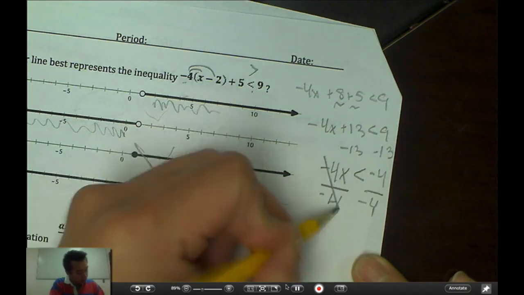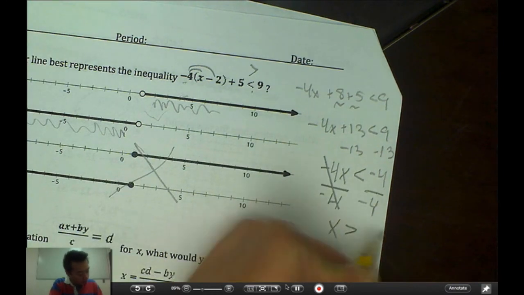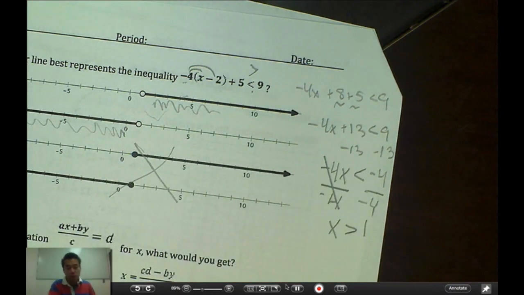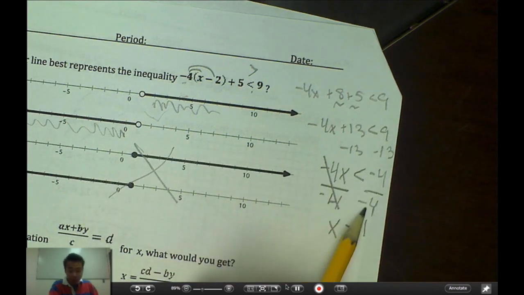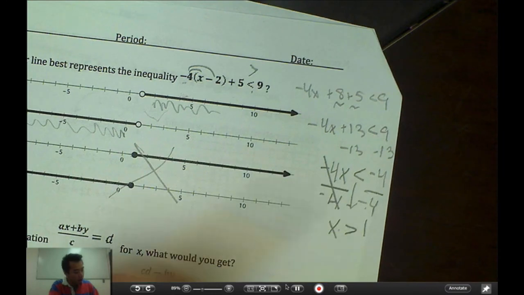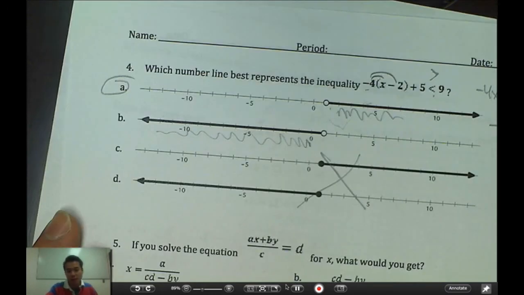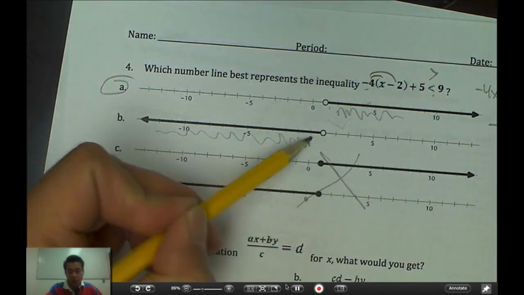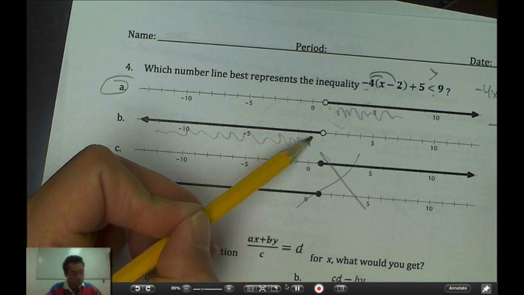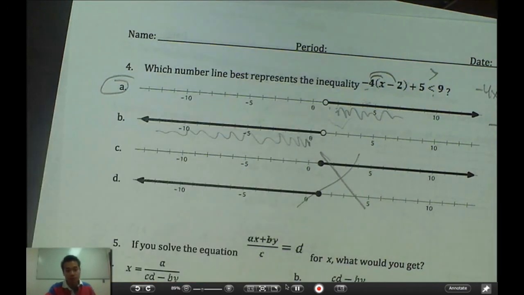And I'm going to cross that out. x is greater than 1. Because I divide by a negative, I have to flip that inequality symbol. So x is greater than 1. There it is right there. So the correct answer is going to be A. And make sure you test it out. 0 is part of this. Put 0 in and it won't work. Only this one would work.